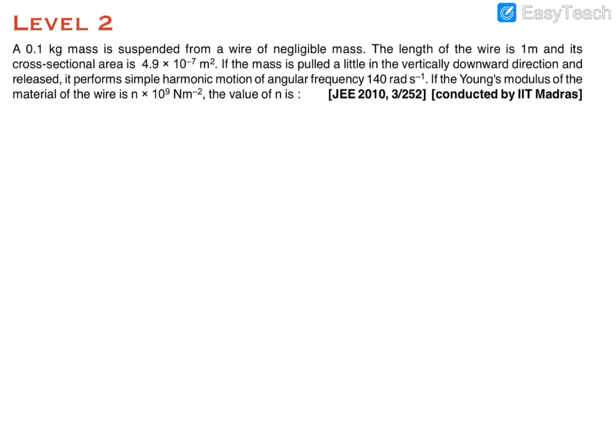In this question, there is a mass of value 0.1 kg and it is suspended from a wire of negligible mass. The length of the wire is 1 meter. And the area of cross section of the wire is 4.9 into 10 raised to power minus 7 meter square.